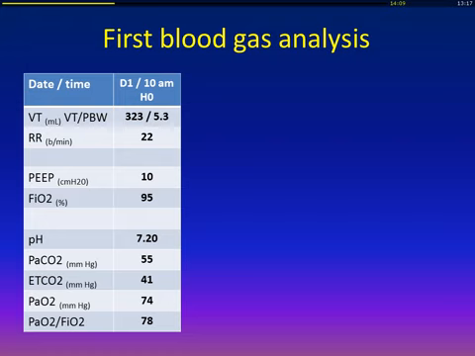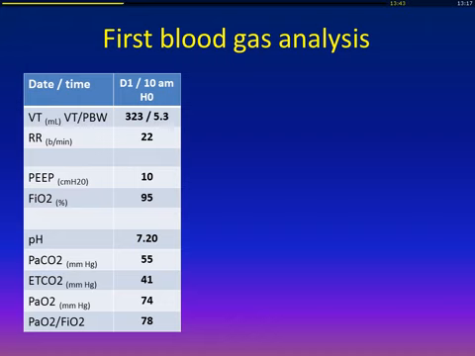So after this blood gas, we may change the settings a little bit and change the target PaCO2. If we shift the end-tidal CO2 to a lower value by 5, for example, we would decrease the PaCO2 by 5 and increase the pH to around 7.25, which is, I think, the minimum.